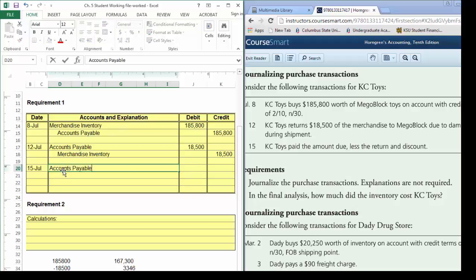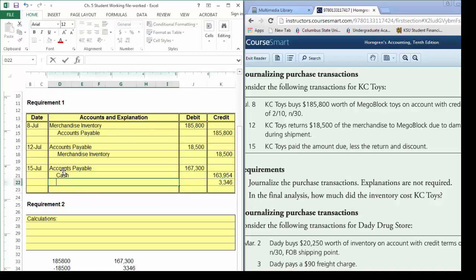So I'm going to debit accounts payable for the full amount that's on our books, the full amount I owe, which is $167,300. Then I know I'm going to pay out cash of $163,954. That's what we calculated down there. And the difference is my discount. Remember, debits and credits have to balance, so I'm going to need another credit, the $33.46. That's where my discount goes.